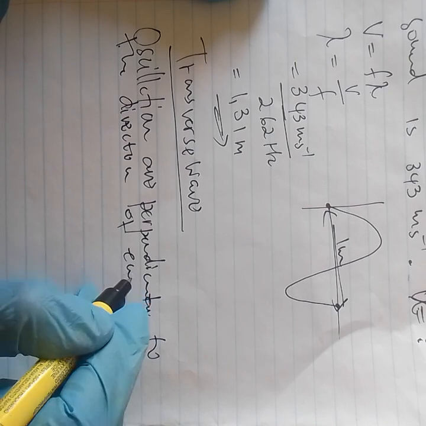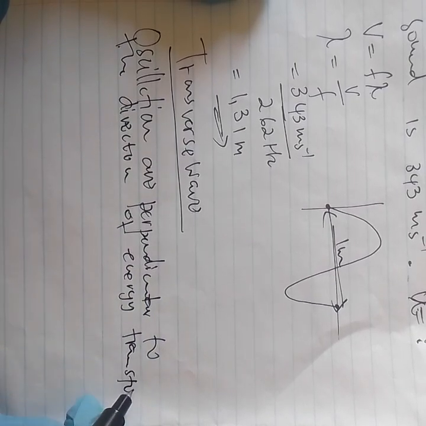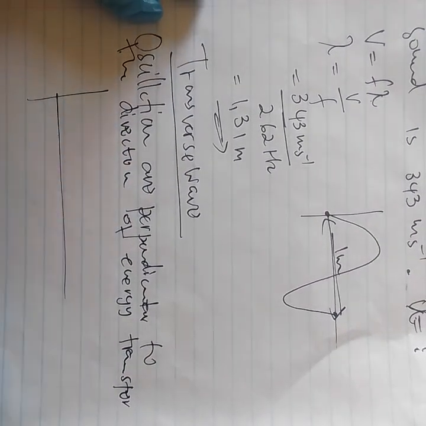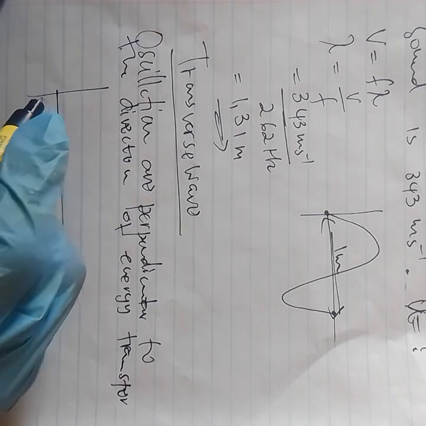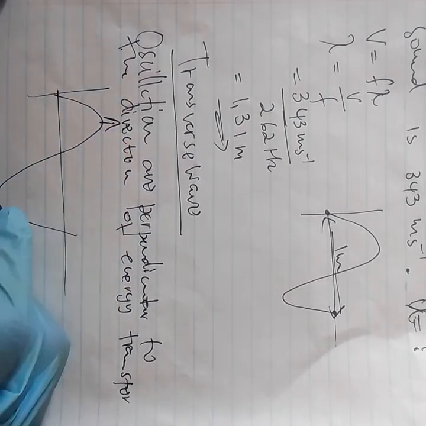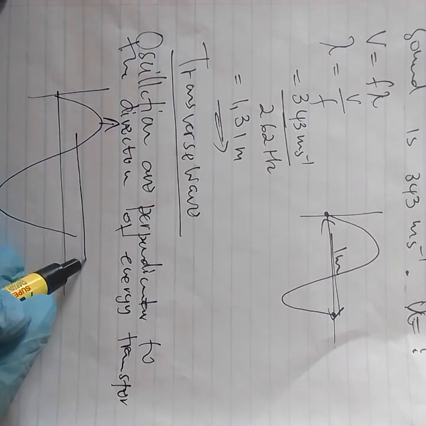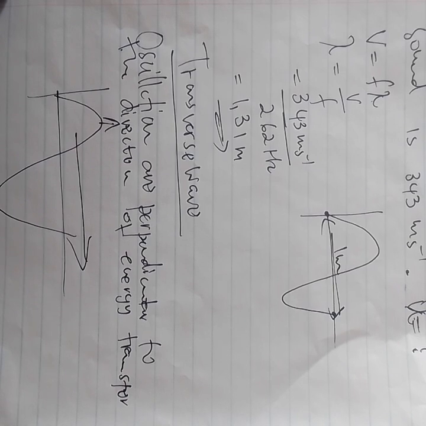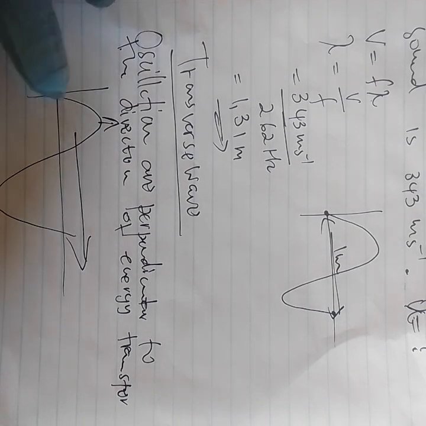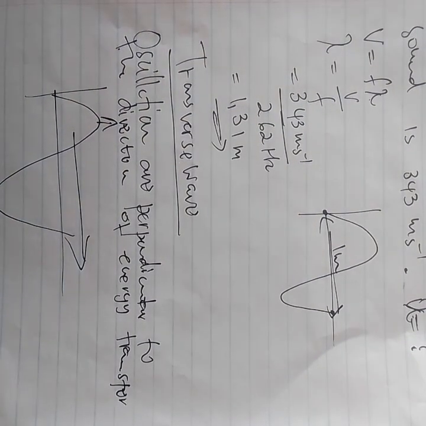What does this mean? If oscillations are going up and down, the direction of the wave is from left to right. That is a transverse wave.